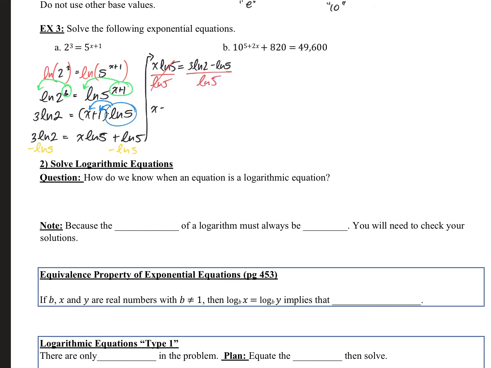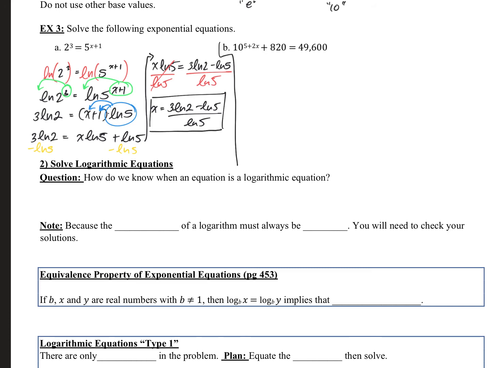And I have x equals 3 ln 2 minus ln 5 divided by ln 5. And there we go. We've solved that exponential equation. And it definitely got a lot harder when we couldn't match the bases. So if you can match the bases, try it. Because if not, the logarithmic way just tends to take a little longer.